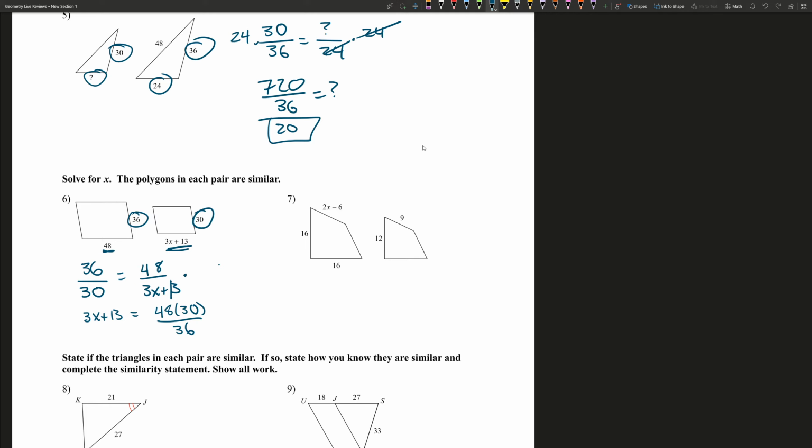So this entire thing is equal to 40. So 3x is equal to 27, so x is equal to 9.